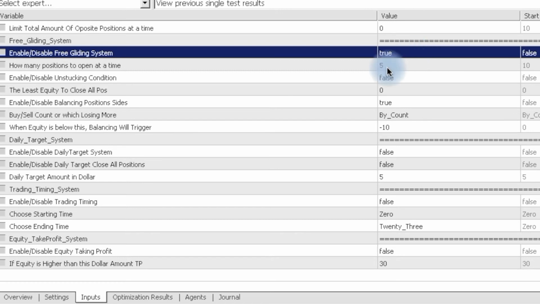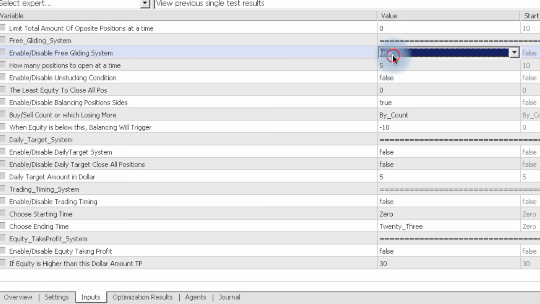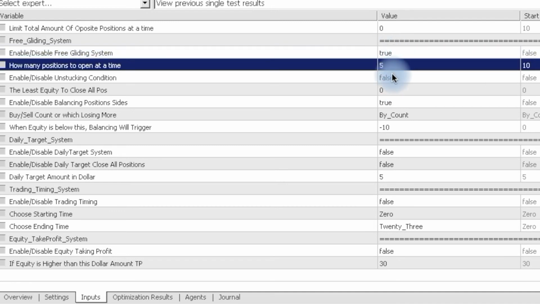Now what I have here is I tell it I want the free gliding system to be on, and most of the time I have it on. And I tell it open 5 positions. So whenever you have a matching pattern, open a position, but a maximum of 5. So if I have 5 positions at any time, it will not open more.